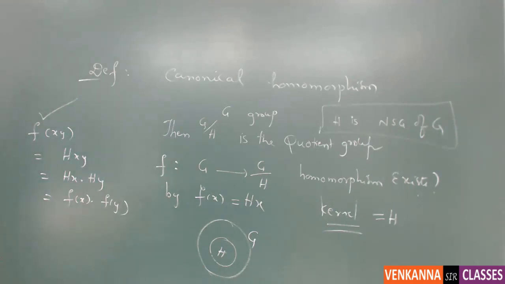So one interesting concept is, in the previous class we have proved the fundamental theorem of homomorphism. Using the technique of it, we are going to prove two theorems. We call them the second isomorphism theorem and third isomorphism theorem. The strategy is based on the fundamental theorem.